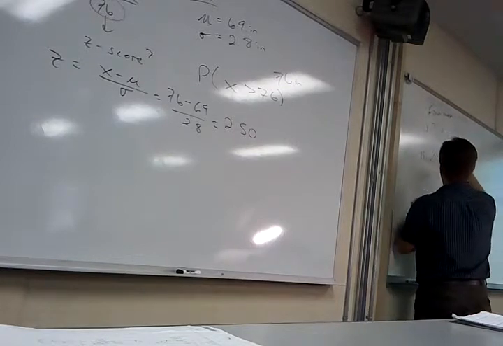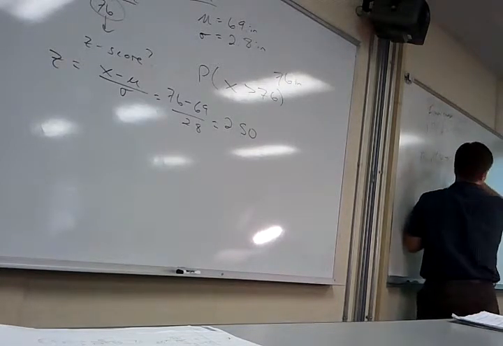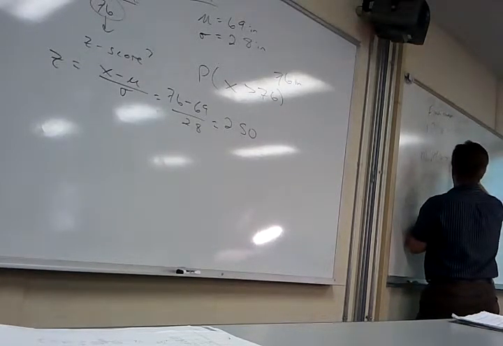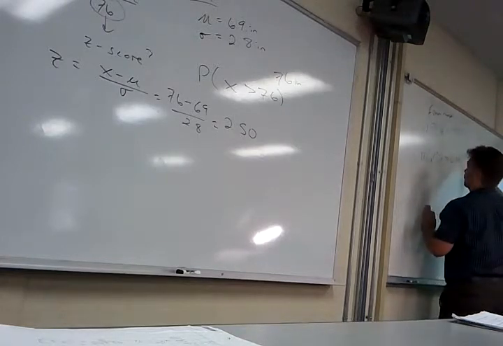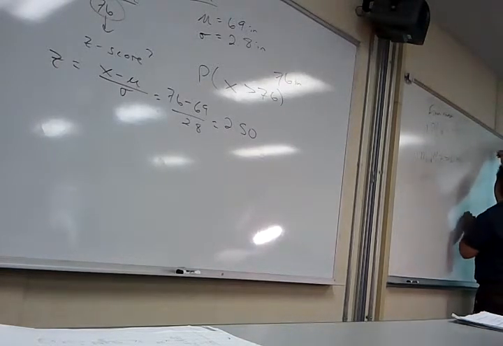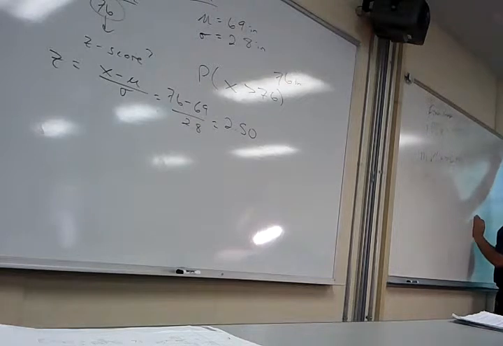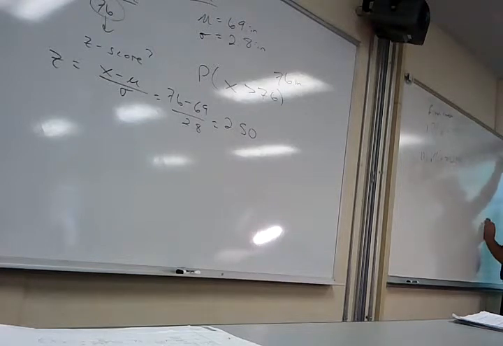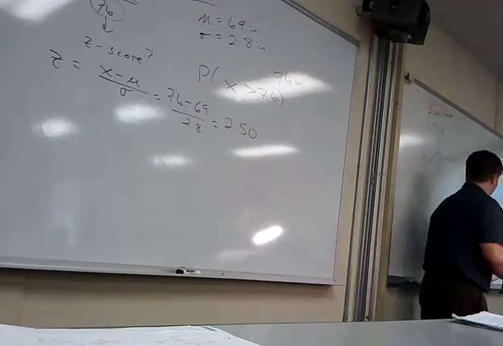Probability that z is greater than 0.14. And then finally, the probability that z is between negative 3.01 and 1.92.